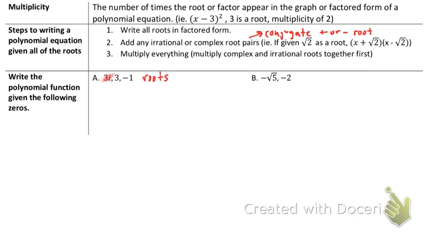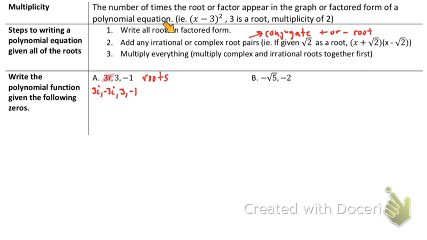So I'm going to rewrite these roots, and it's going to look like this: 3i, negative 3i, positive 3, negative 1. It's very important you understand that because I had positive 3i, I need to include negative 3i as a root. So even though I only have 3 roots in my original problem, in essence, I actually have 4 roots.